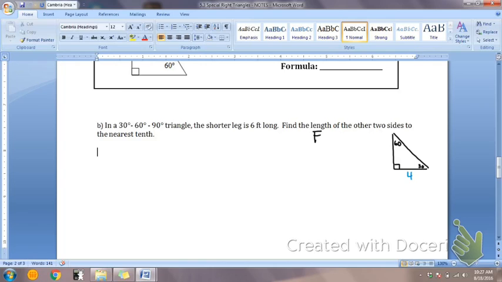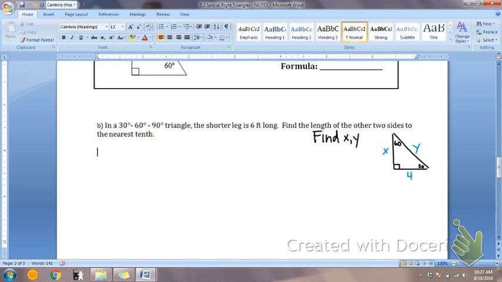Okay, and I want you to find x and y, so let's put an x and a y in here. Here's my x, here's my y. Short leg is not always at the bottom. Short leg is always across from the 30 degrees, right? So even though my diagram might be a little bit deceiving, looking like that one's shorter, we always have to go across from the 30 to get our short leg.